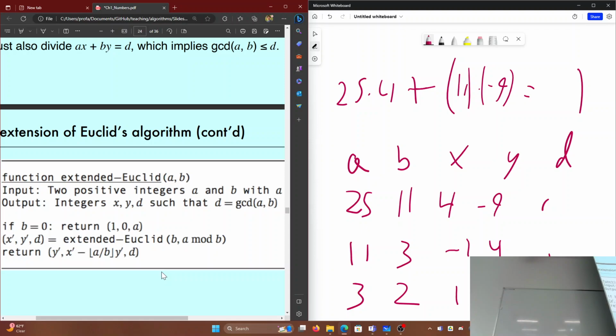Let's see, it should be the floor function. So you take the floor, in other words, it's integer division, 25 divided by 10 should be 2. Yeah, now it makes sense.